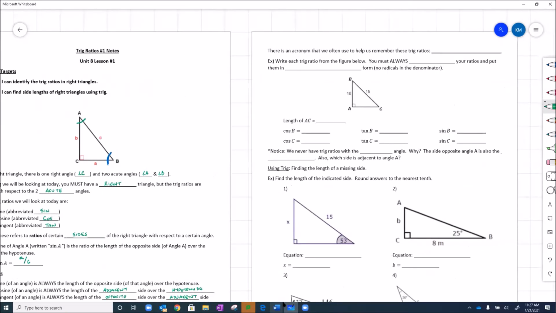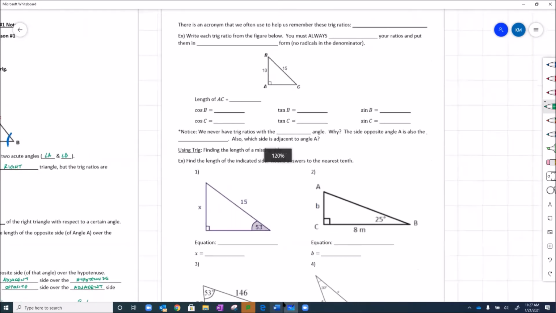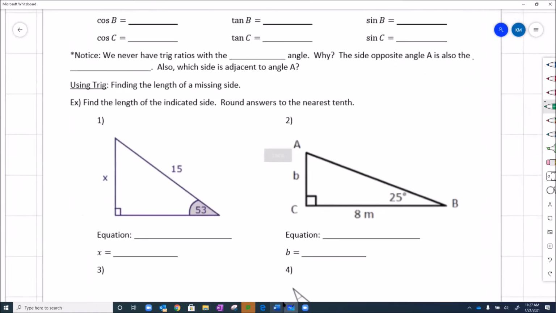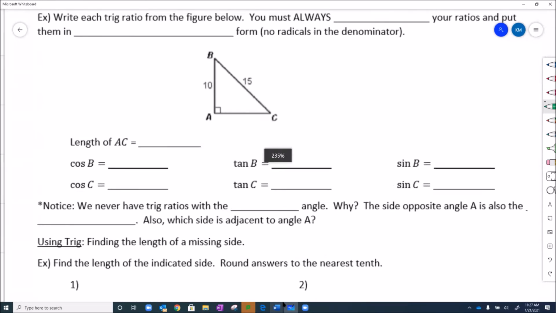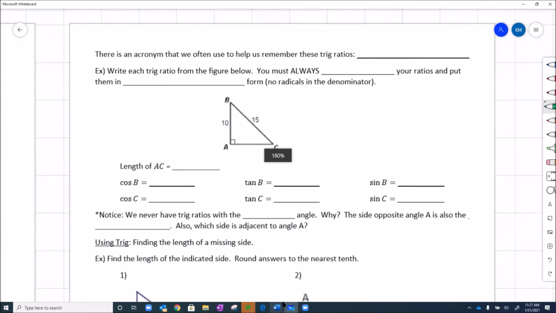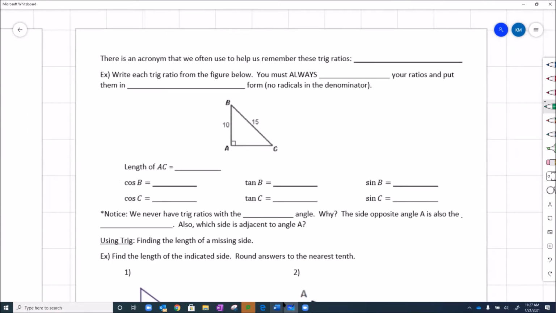Okay, now right now that might seem like, wow, that's a lot to remember. How do you remember what those ratios are and what order they go in? The way I remember what order those go in for the ratios is an acronym, and it's just SOH CAH TOA.